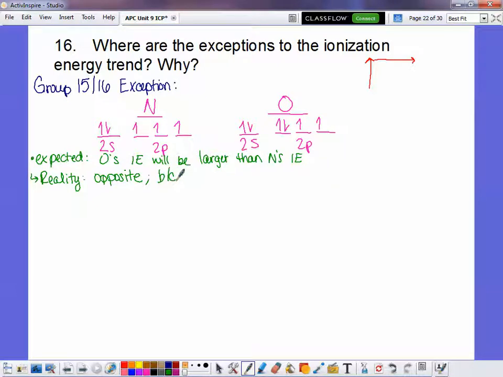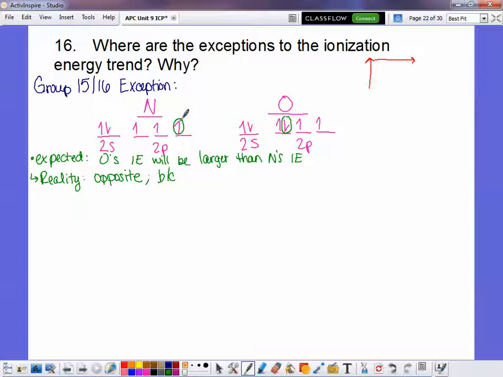The most loosely held electron in oxygen, the first one we would remove, would be this down arrow electron. In nitrogen, the first one we would remove would be one of the ones in the p orbitals. It doesn't matter which one, but we typically take off the last one we wrote.